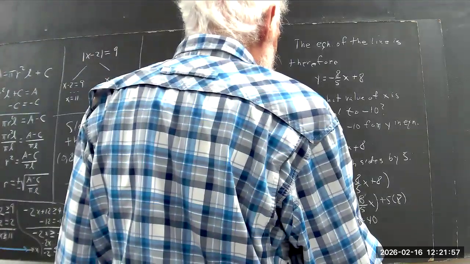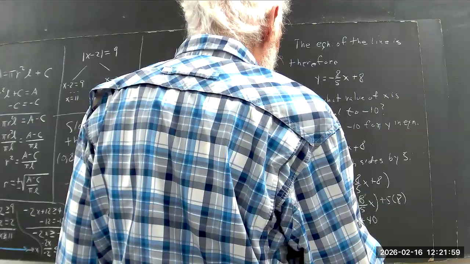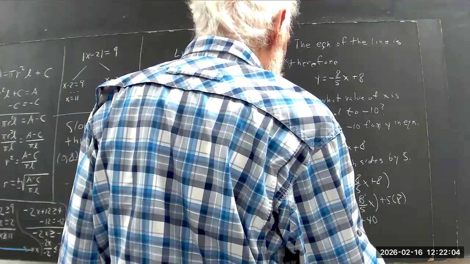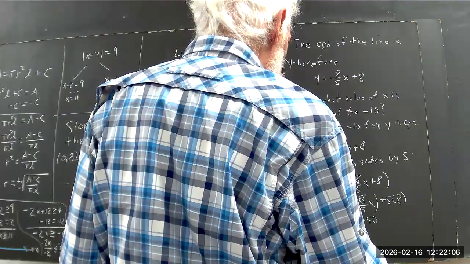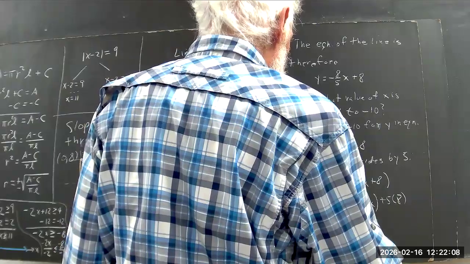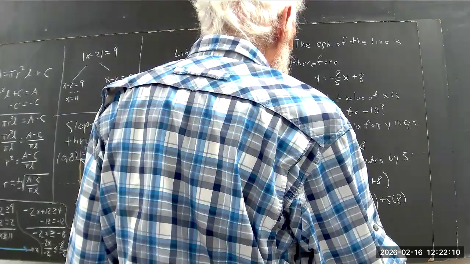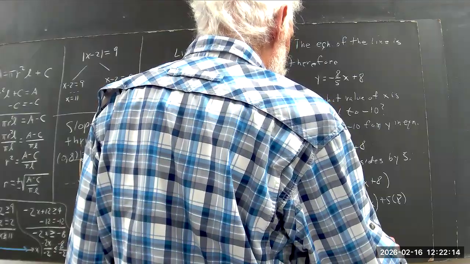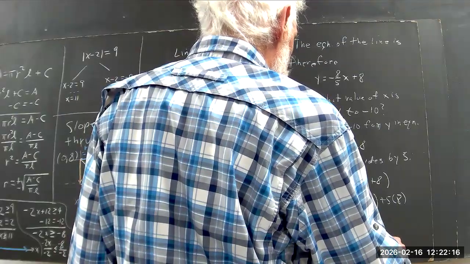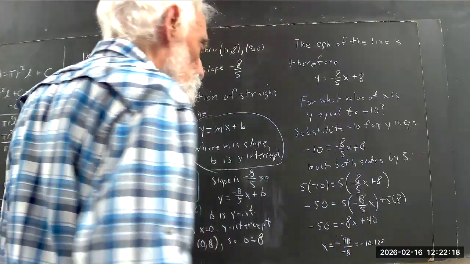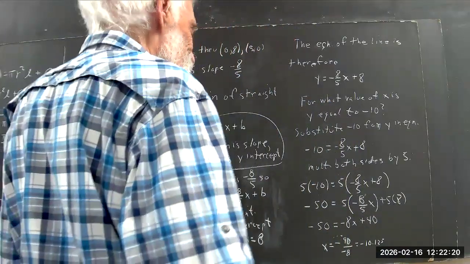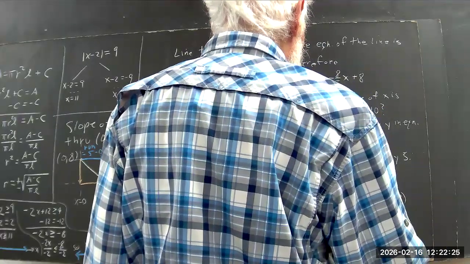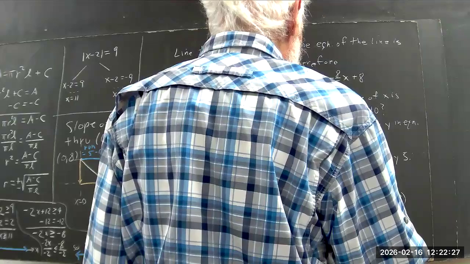You get x equals negative 90 over negative 8, which is negative 10.125 if you like. Actually, that's negative 10.25. It's negative 10 and a quarter.